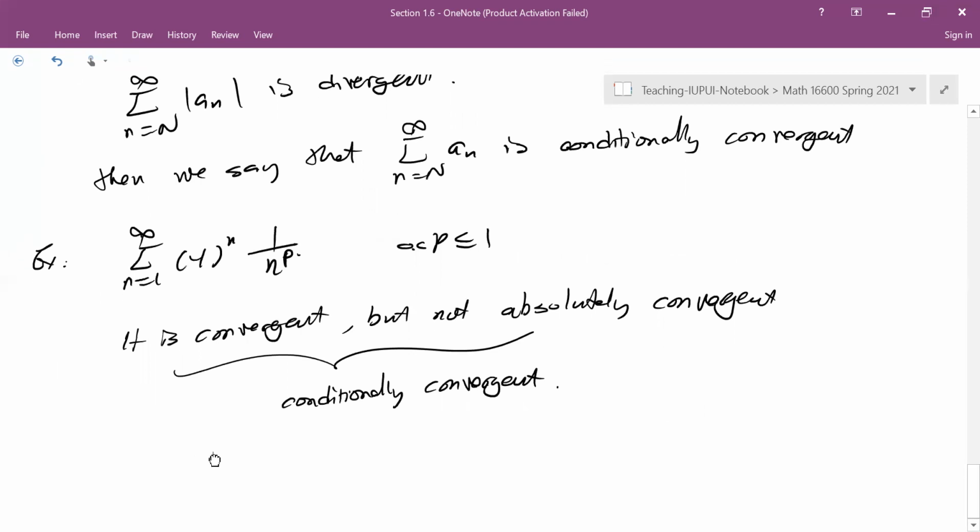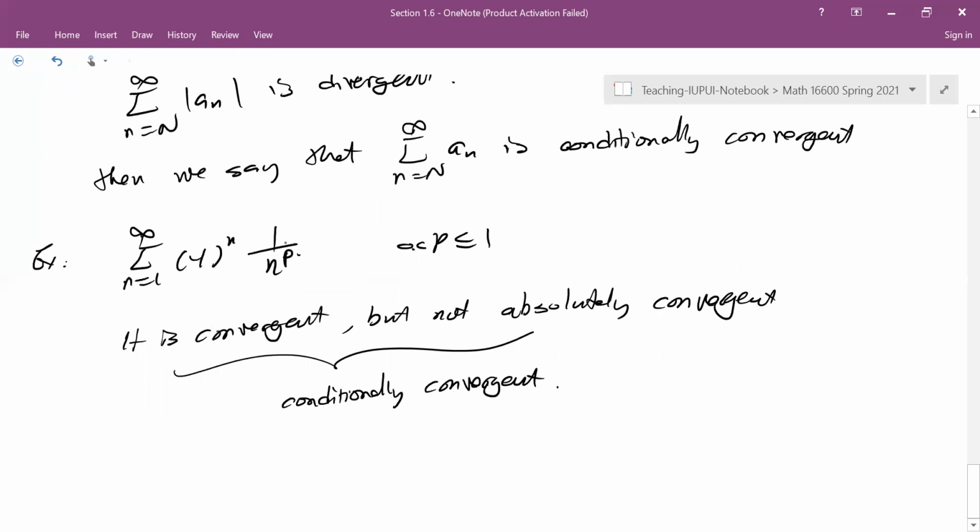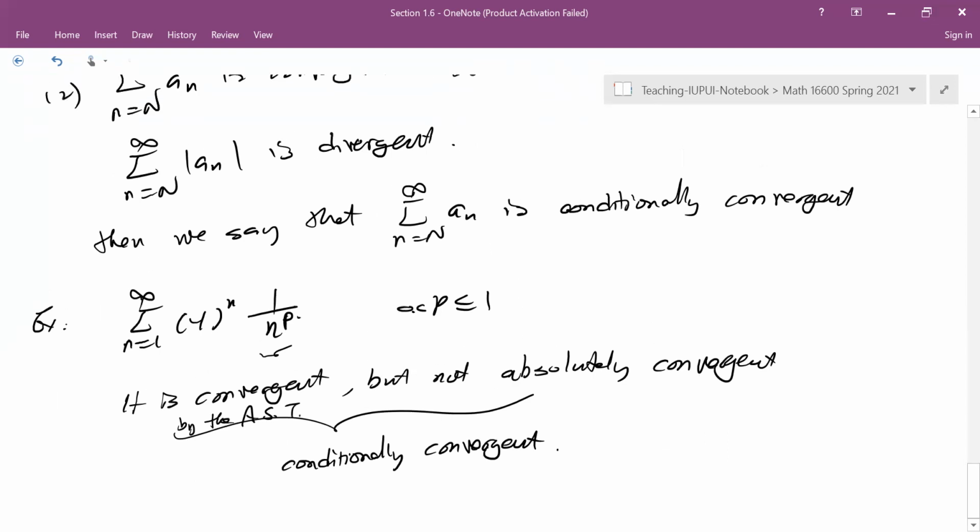By the alternating series test, because the nth term is decreasing to 0. But it is not absolutely convergent by the p-series test, because when you remove the negative sign, you get the p-series.